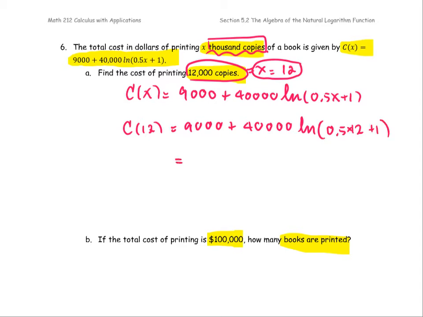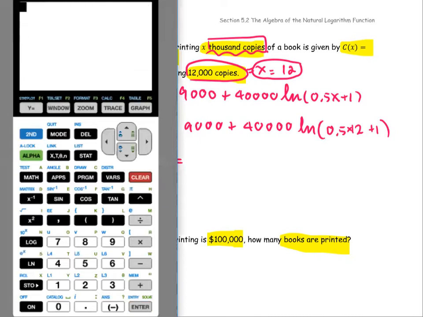And then we can use a calculator to get the number out. So we have 9,000. Let's clear this up. So 9,000 plus 40,000 multiplied by the natural log, or the ln, of the value 0.5 times the value 12, which is 12,000 copies, and then plus 1.